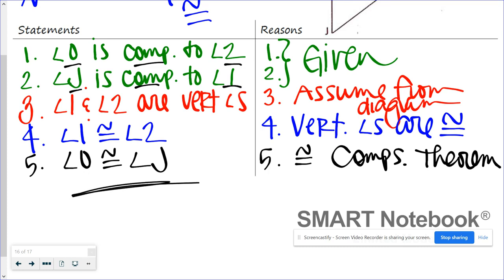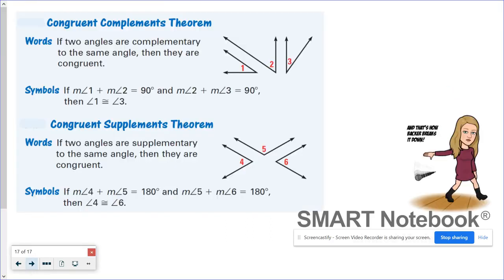Congruent complements theorem, right? And so there you have it. Proofs involving these two very useful theorems. In fact, that congruent supplements theorem is how we were finally able to prove two vertical angles are congruent. And that is how Bakker breaks it down.